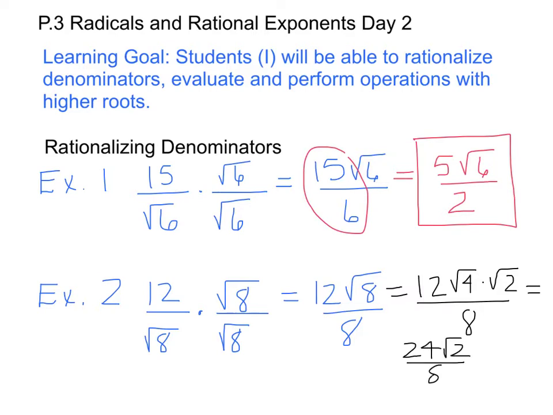Radical 2 over 8. And if you reduce that, we're going to get 3 times the square root of 2. Okay, so sometimes you have to simplify it in order to get your final answer.